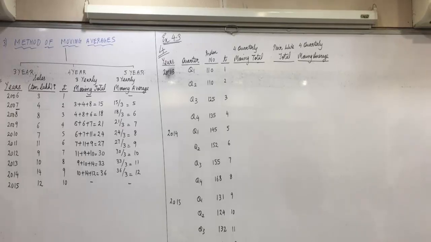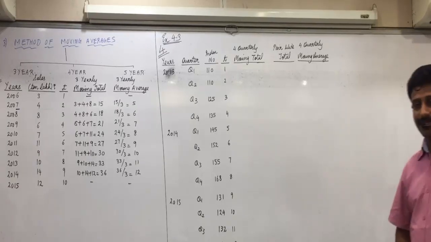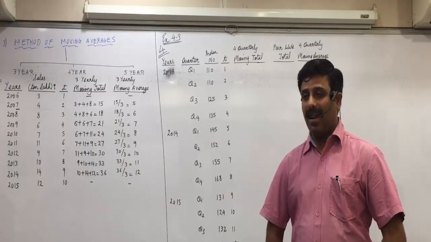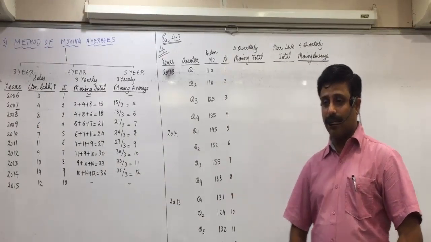This Saturday is the test of regression. Correlation we had in vacation. Regression was pending. So this Saturday is the test of linear regression. Next Saturday, test of accounts chapter 1. Next Saturday, test of index and time series. So the 3 weeks test schedule I have already given. After this I am going to start with accounts chapter 2.